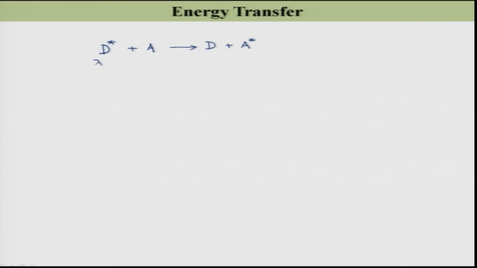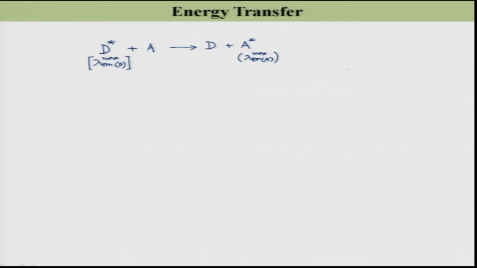Let us say the emission maximum of D is lambda emission maxima of D, but this molecule will have a different emission maximum, lambda emission maxima of A.